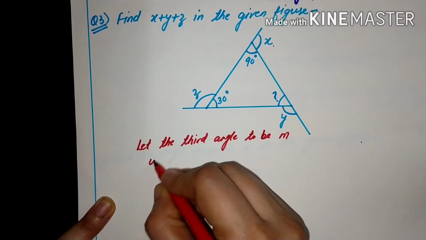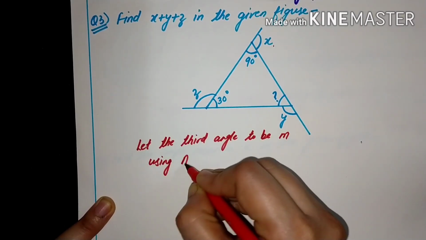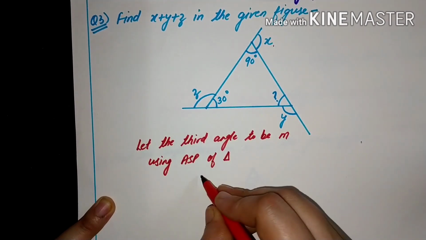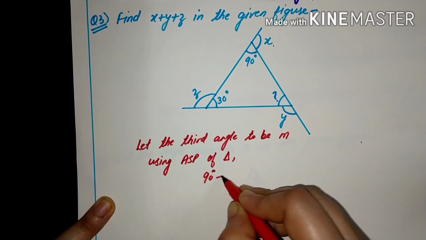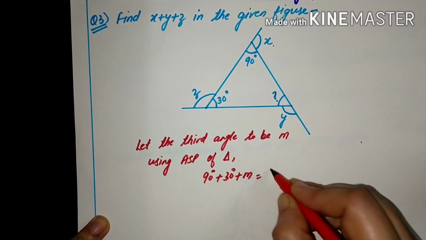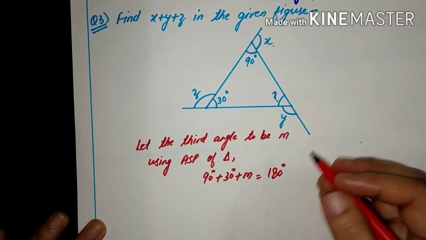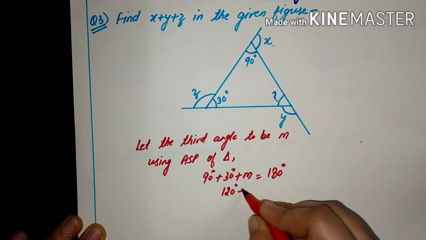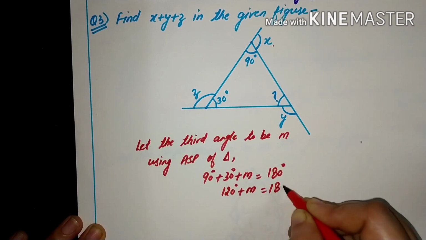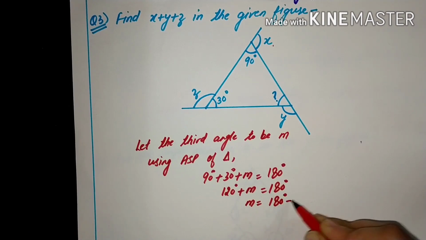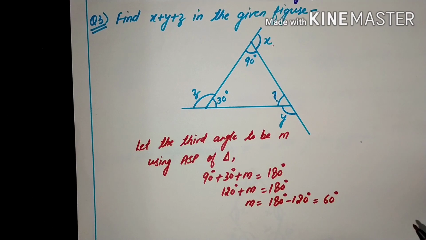So using the angle sum property of a triangle, 90 plus 30 plus m is equal to 180 degrees. So therefore 120 degrees plus m is equal to 180 degrees. m is equal to 180 degrees minus 120 degrees, that is equal to 60 degrees.